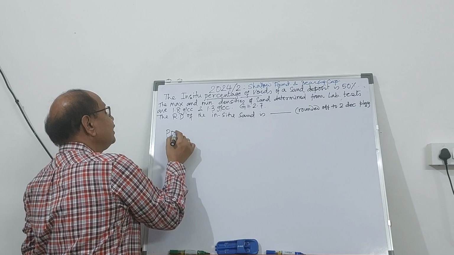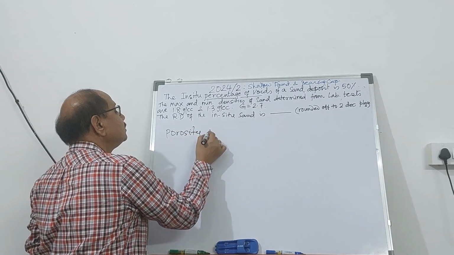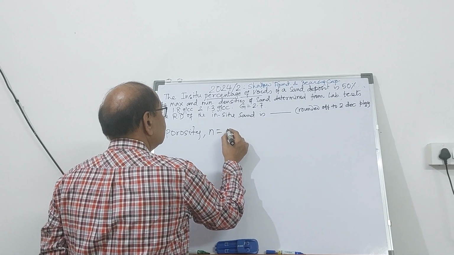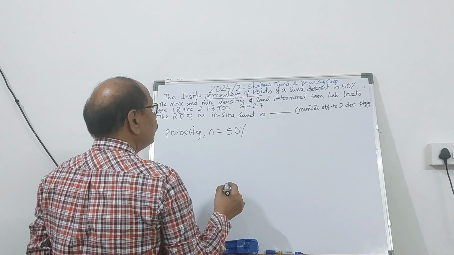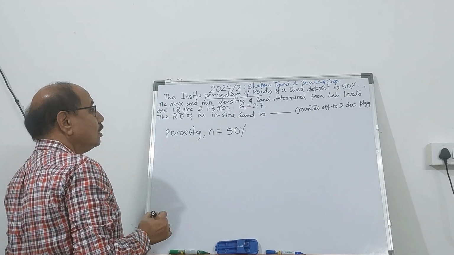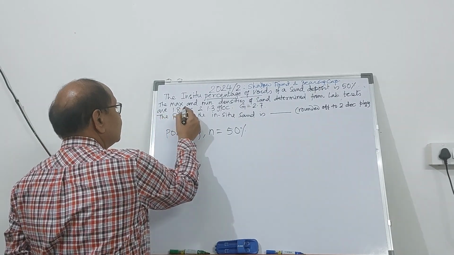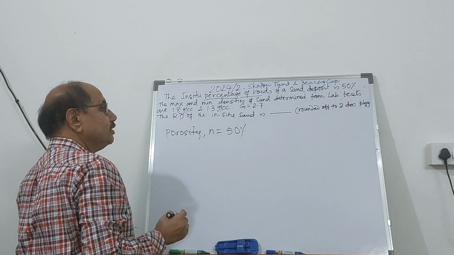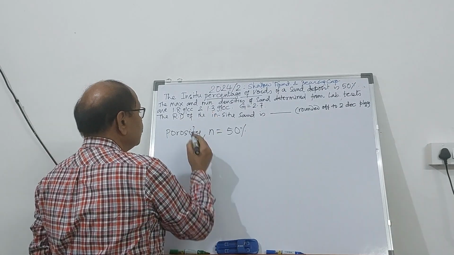So what is given here is porosity equal to 50%. So percentage of voids of a sand deposit is 50%. The maximum and minimum densities of sand determined from the lab test are given to you.